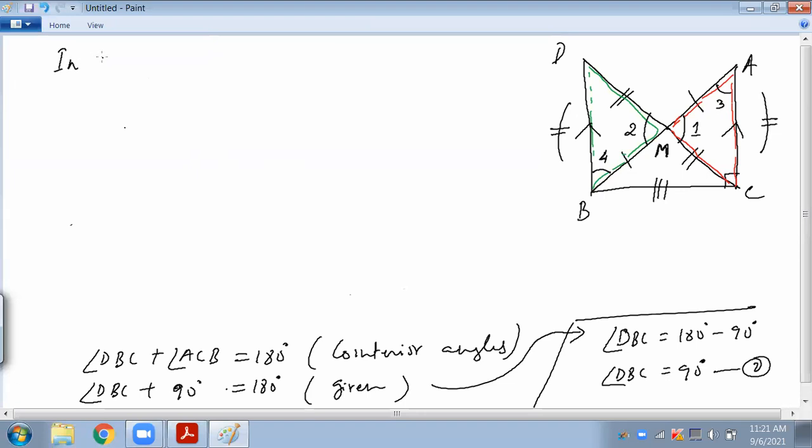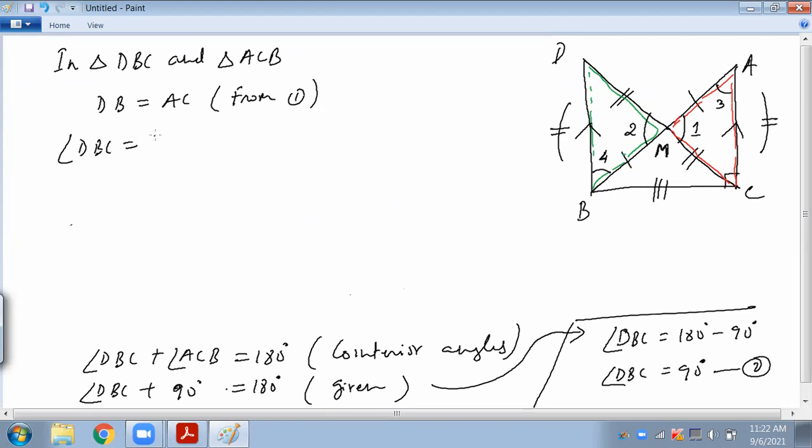Now we show that triangle DBC and triangle ACB are congruent. In triangles DBC and ACB, first DB equal to AC, which we have shown in 1. Then angle DBC equal to angle ACB, both equal to 90. DBC we have shown equal to 90 in 2, and ACB is 90, given in the question.